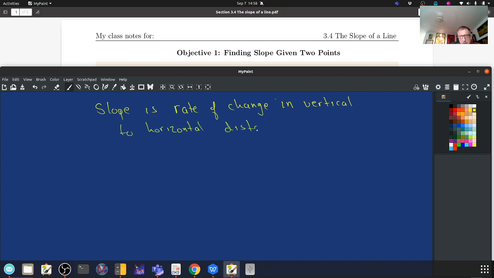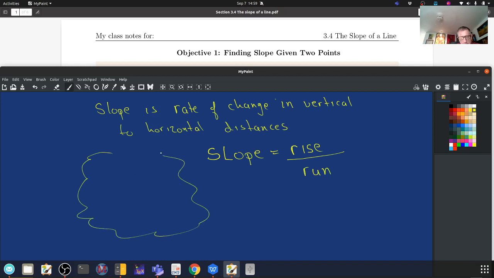This is a really informal definition. I think it's better just to remember slope is equal to rise over run. And this should also give you the picture I want you to associate with that.